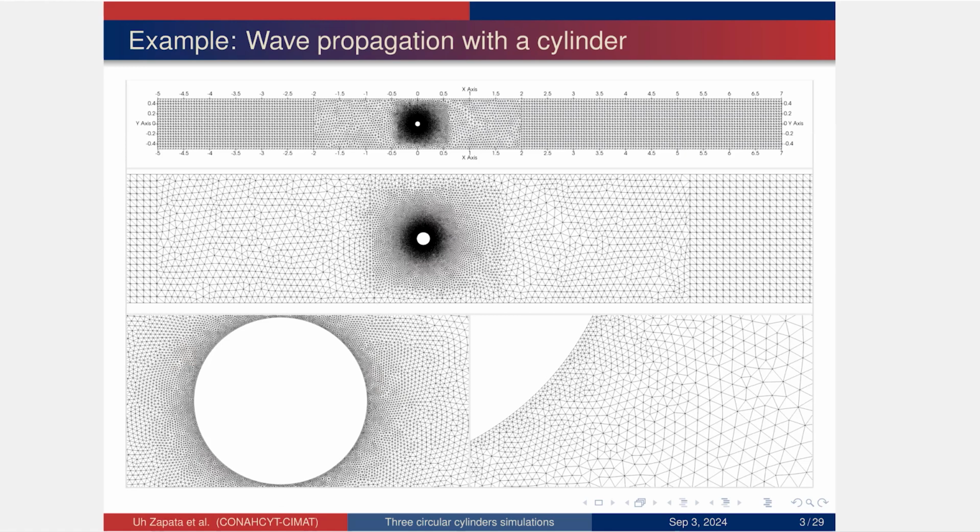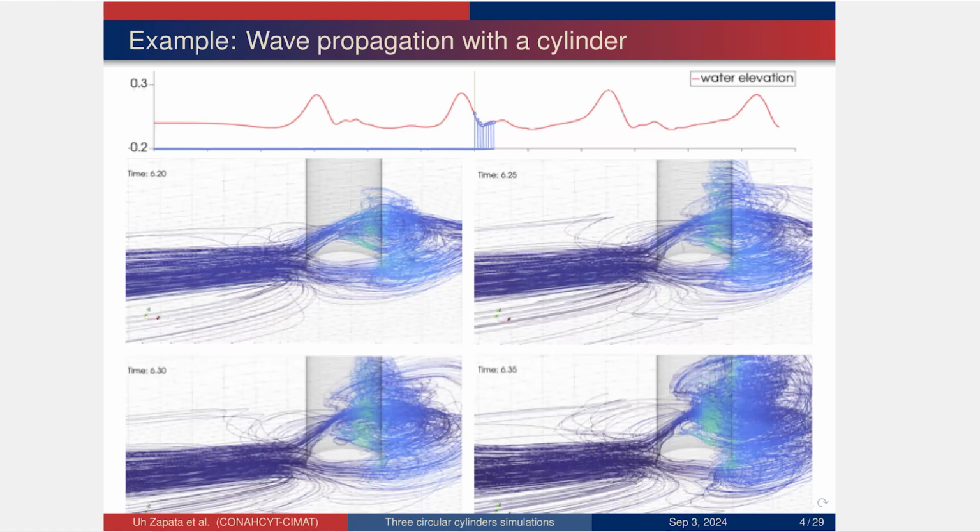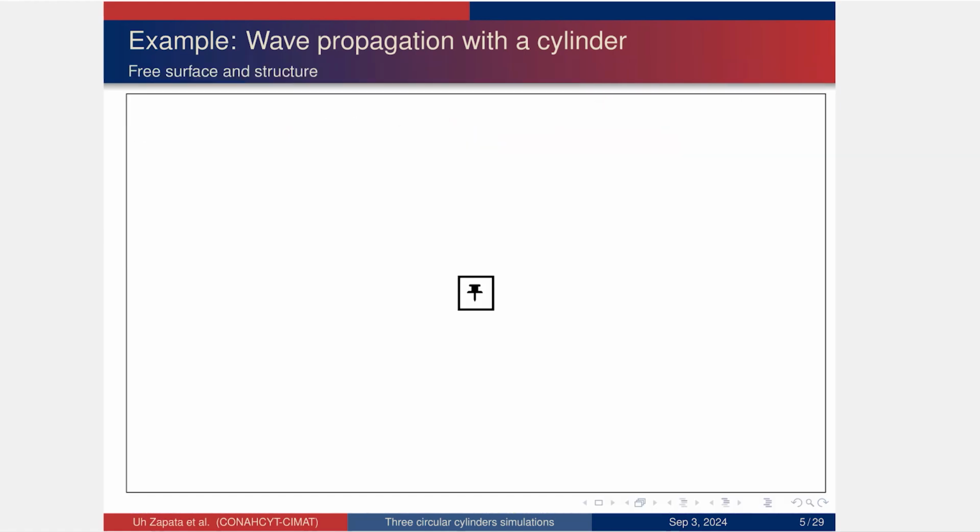If we want to make a multiphase test case, every time we require more and more elements. Even more, the test cases we wanted are directly related to the three-dimensional flow, so the number of layers in the vertical direction also increases. For this test case, we can play video number one.